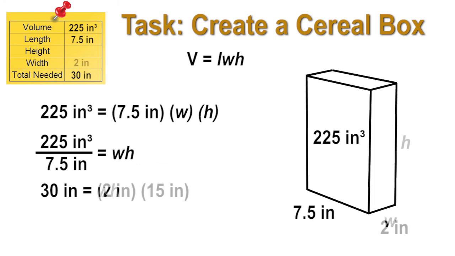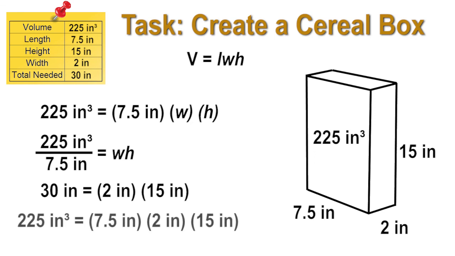Let's try the width as 2 inches and the height as 15 inches. 2 times 15 equals 30. Now let's use these measurements in the formula for volume. 7 1/2 times 2 times 15 equals 225 cubic inches. It works. Let's create one more set of dimensions.